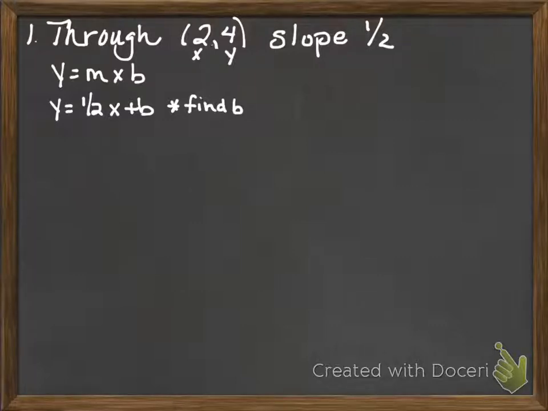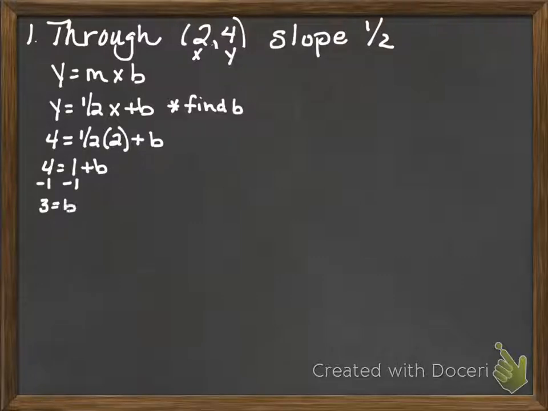So what that will look like is, instead of writing a y, I will write a 4 equals 1/2, and instead of writing x, I'm going to write 2, plus b. All right, now I can go ahead and solve for b. So 4 equals 1/2 times 2 is 1, plus b. I'm going to subtract the 1 from both sides, and I'm going to get that 3 equals b.